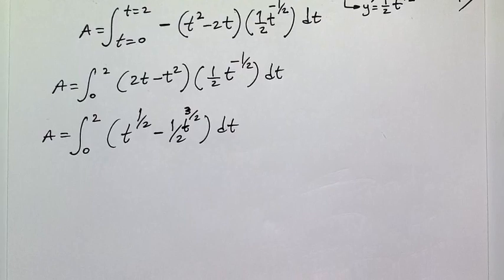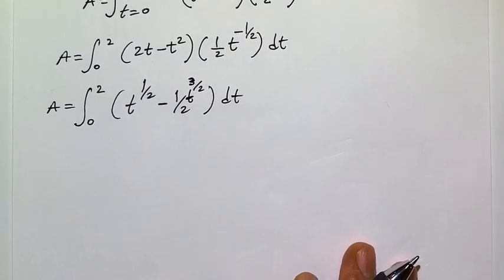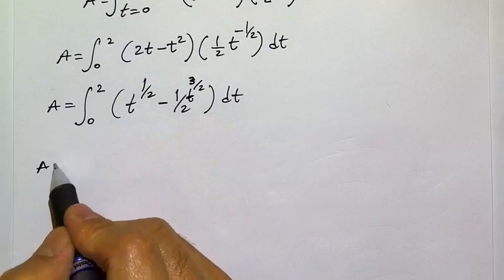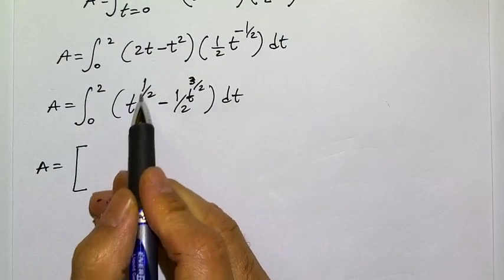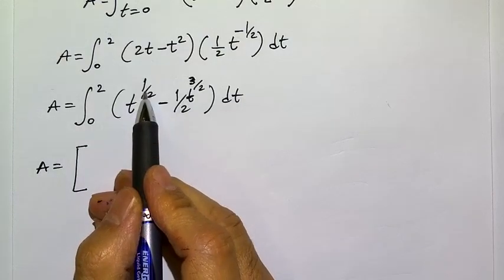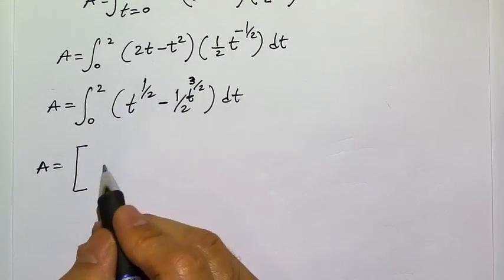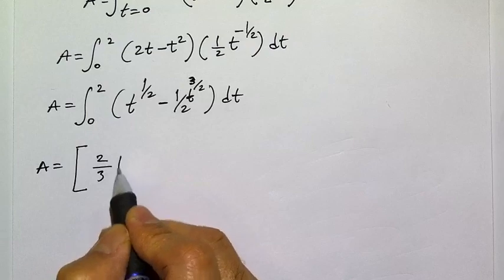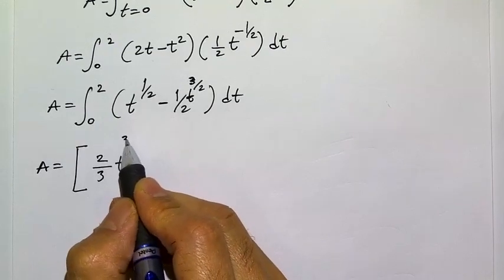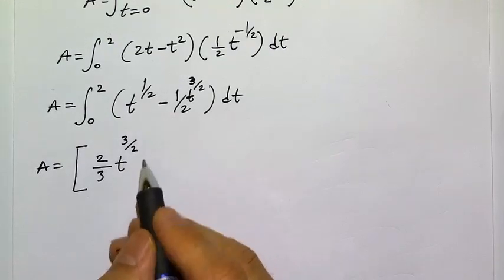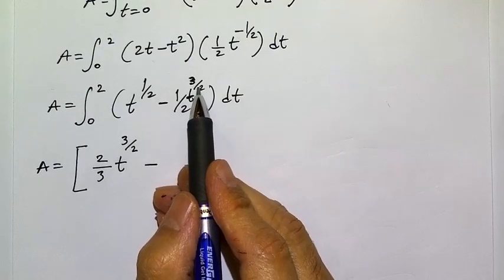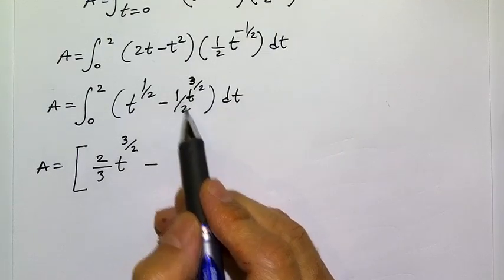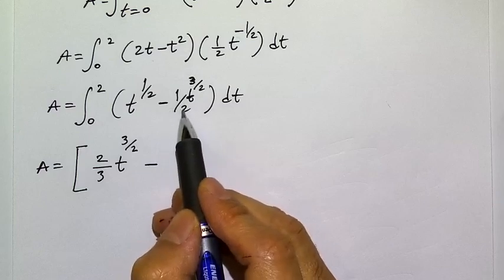Okay. And this is a really easy expression to integrate. So let's do that. Add 1 to this power, we get 3/2, divide by the new power, we get 2/3 times t to the 3/2 power. Then this one, add 1 to that power, we get 5/2, divide by the new power, multiply by minus 1/2.